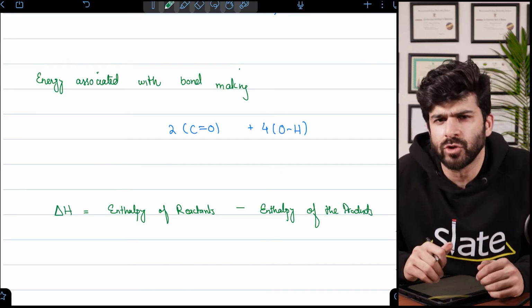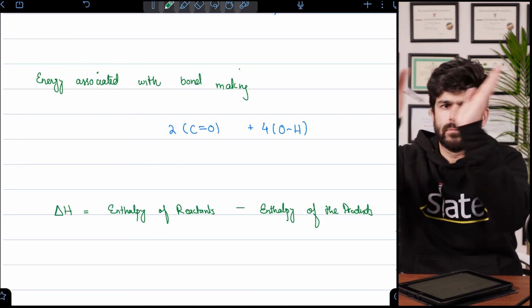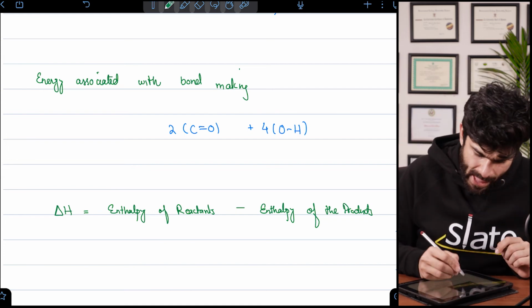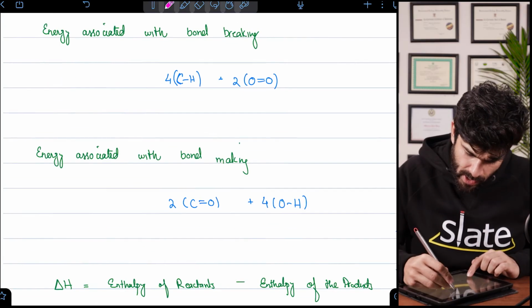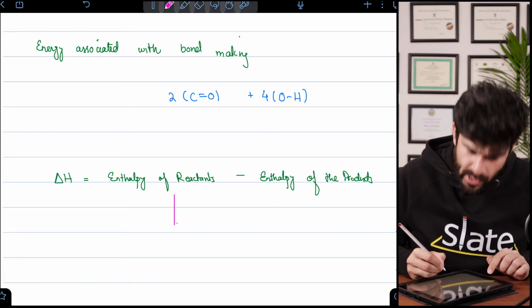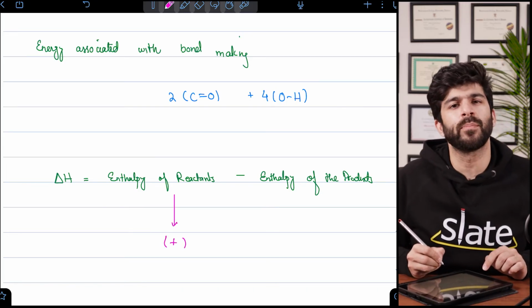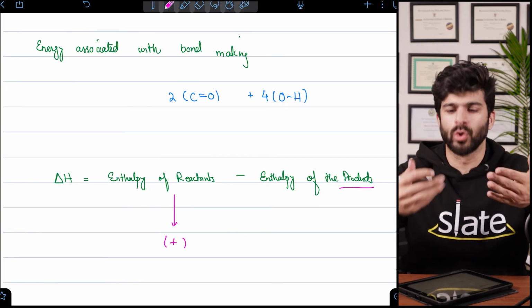Sometimes students have a confusion. Sometimes they put products before and reactants later. How to memorize that? As I said, reactants undergo bond breaking. So bond breaking is always endo, and hence this always needs to be a positive value. On the other hand, products, bond formation, exo.